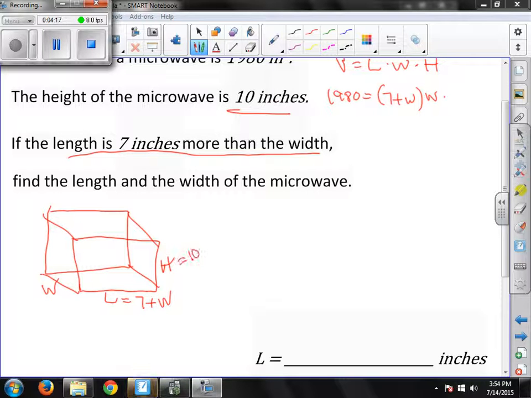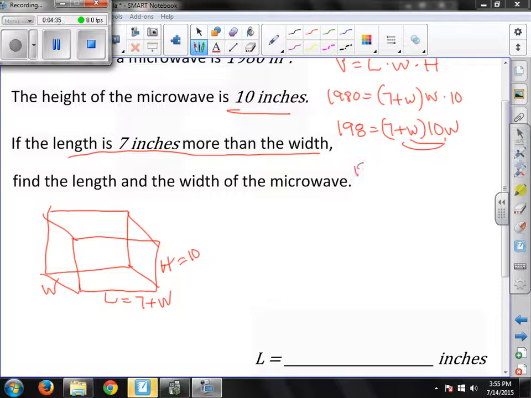So I know that number times 10. So let's rewrite. 1980 equals 7 plus W, still in parentheses. I'm going to write this as 10W. That allows me to distribute.